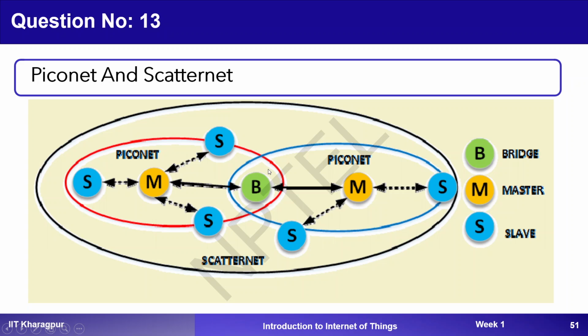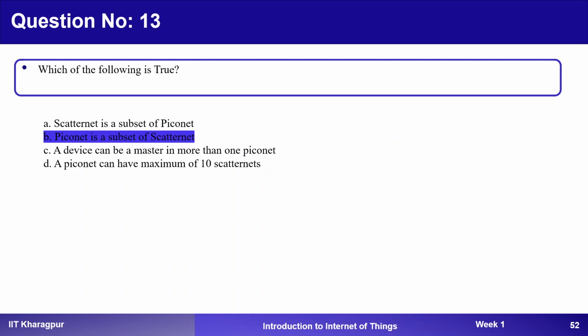As I have already mentioned, in a Piconet there will be one master node which can be connected to at least one device and a maximum of 7 slave nodes. If a node is master in one Piconet, then it cannot be a master in another Piconet. It can act as a slave in another Piconet, but it cannot act as a master. So the right option is, Piconet is a subset of Scatternet.